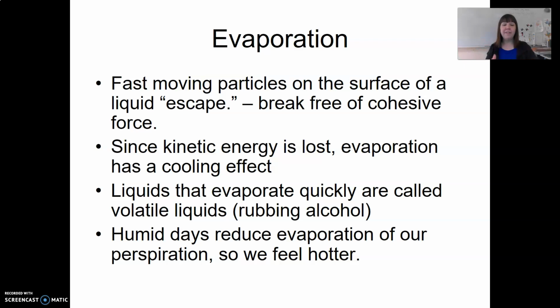That alcohol has a very low evaporation point. It's a volatile liquid, meaning that it evaporates very easily, very quickly. And so you might have noticed that it got really cold on your little skinned knee. So those liquids evaporate very easily and do have a great cooling effect there.